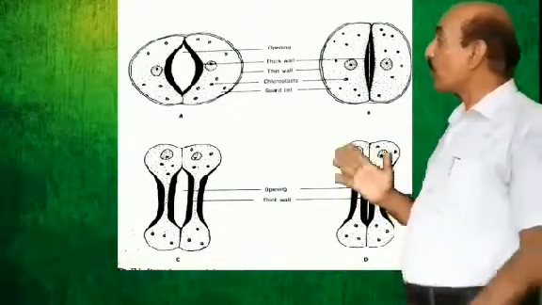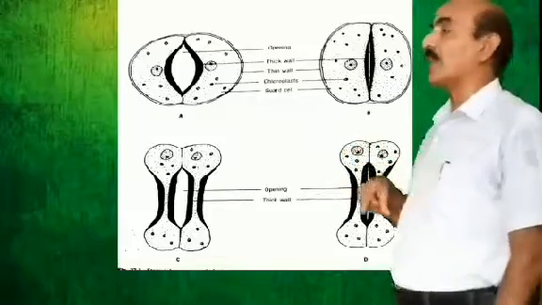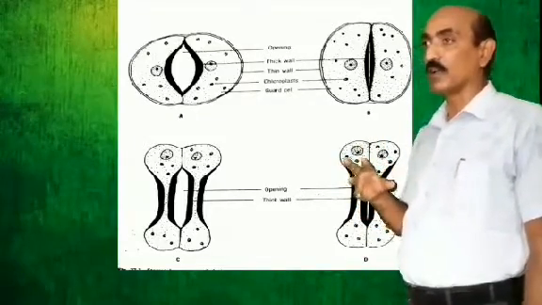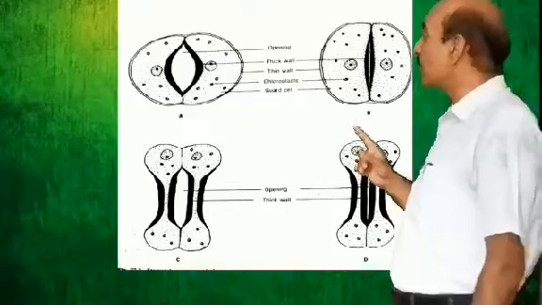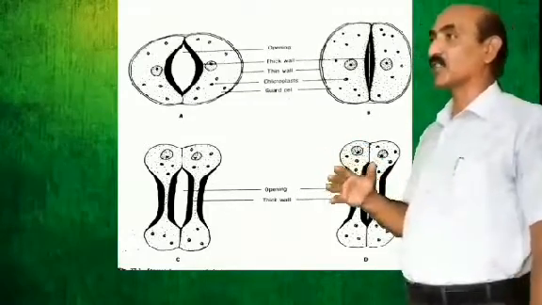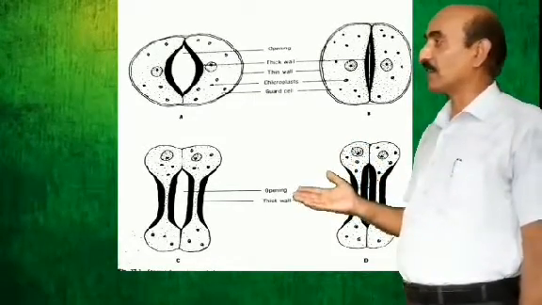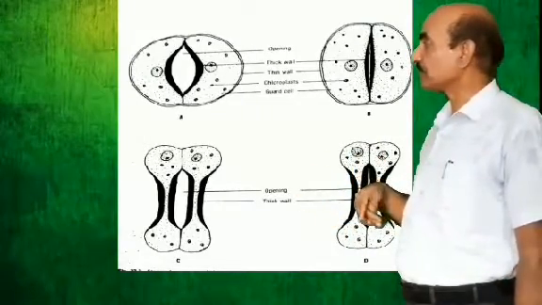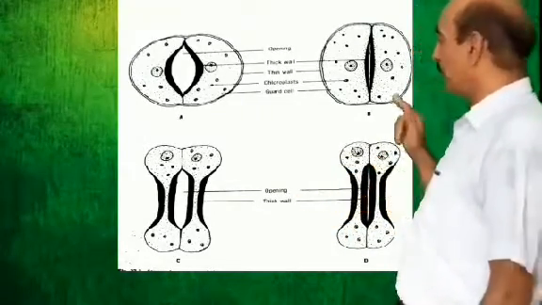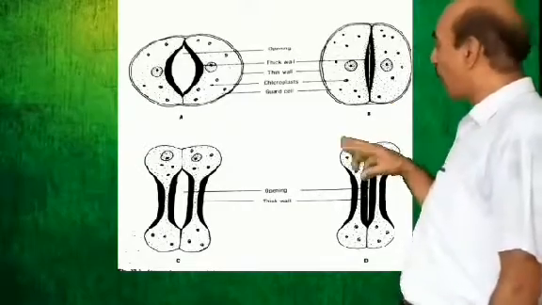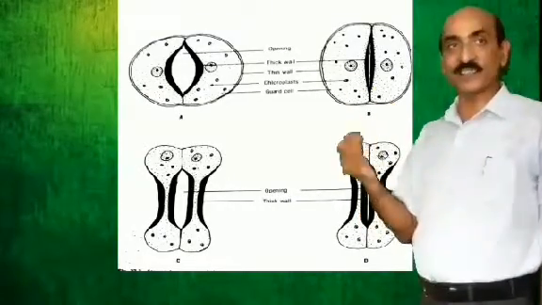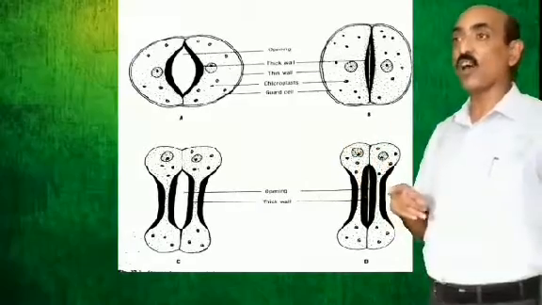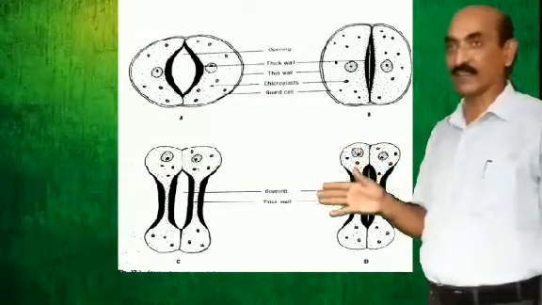Now stomata get closed at night. Have you heard? Stomata get closed at night but start opening in the morning and completely open during the day. This opening and closing of the stomata alternately is called stomatal movement.